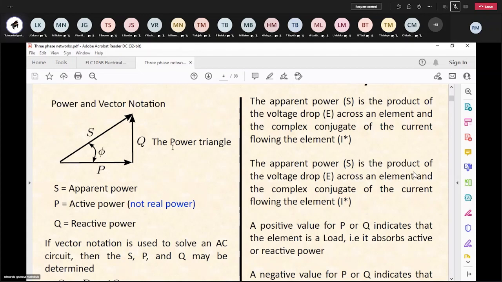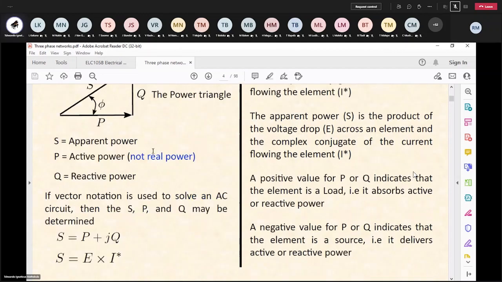And a negative Q, which is brought about by a capacitor, means that a capacitor provides reactive power. And this is obviously the apparent power, capital S. And the angle between your active power and your apparent power gives us the phase shift angle, if you like, the power factor angle.